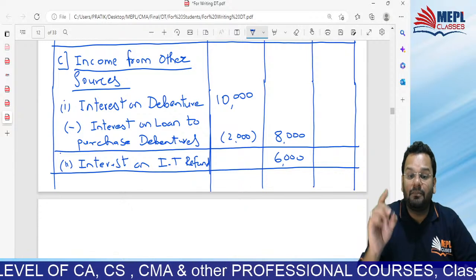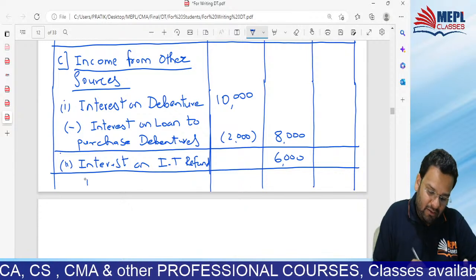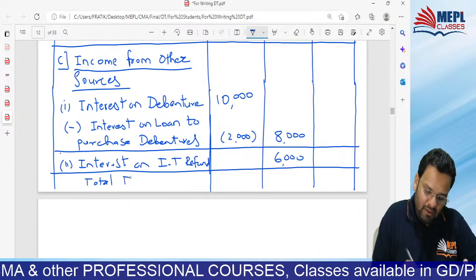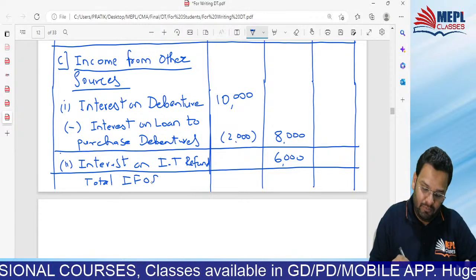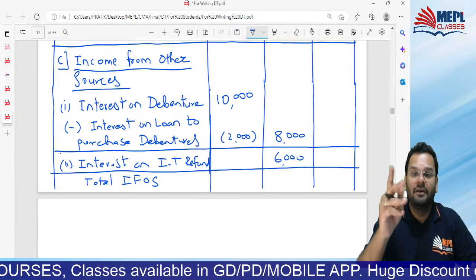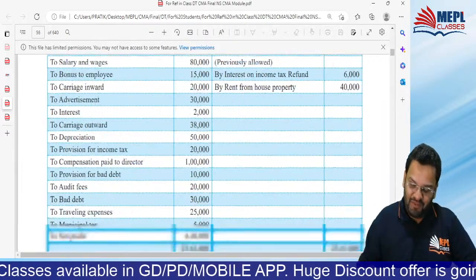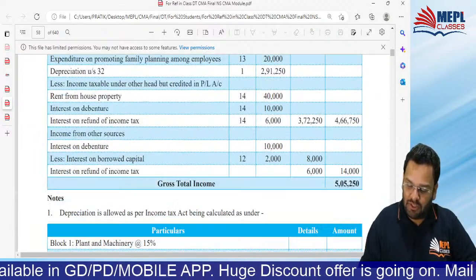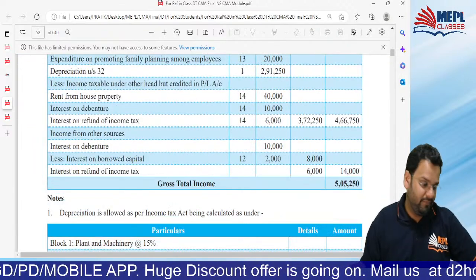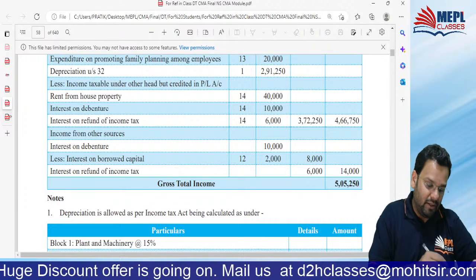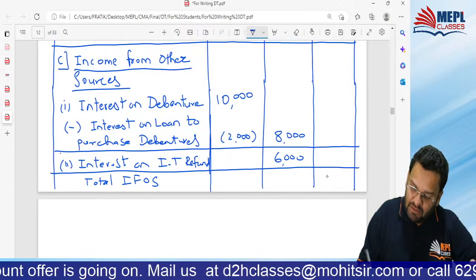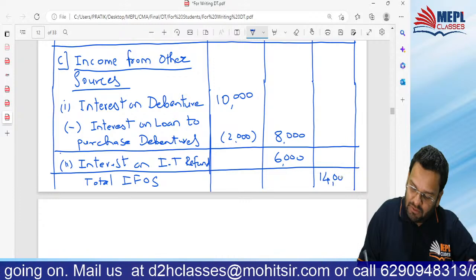So at this point, you will get total income from other sources. Guys, write full form. You have to give the exam, write full form. So is total income from other sources 14,000 rupees? Check whether your total income from other sources is 14,000 rupees.